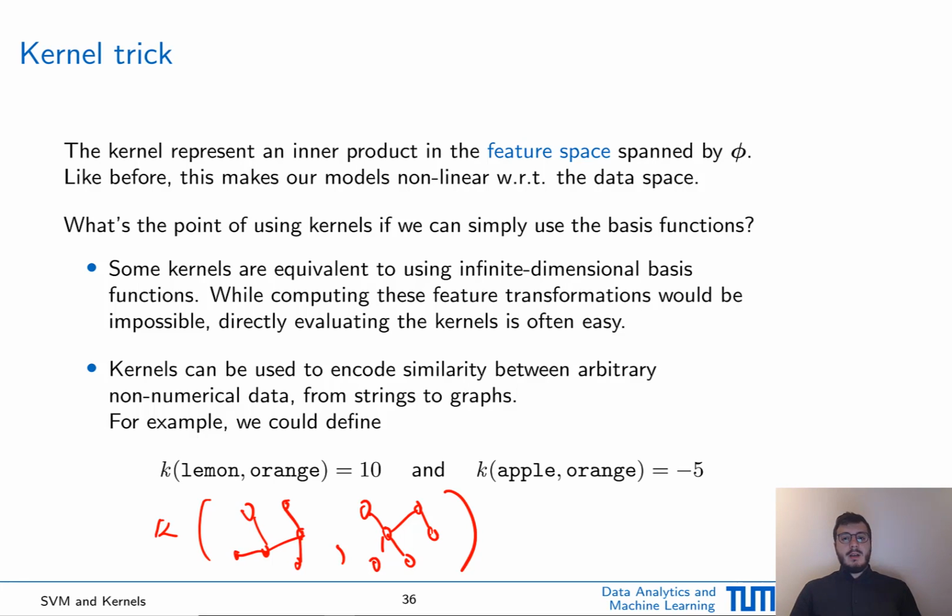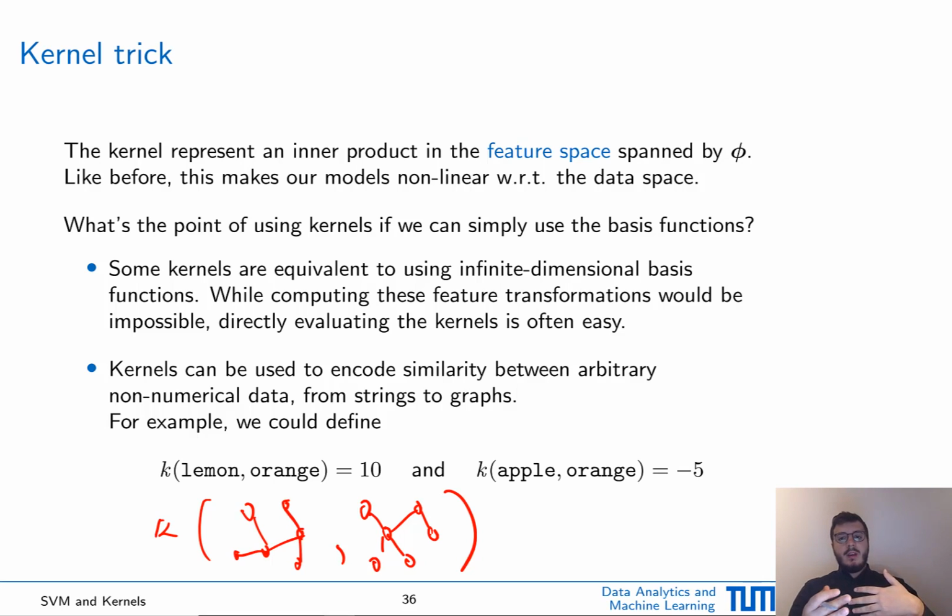And then the other point why kernel functions might be useful is because some kernels, some functions actually correspond to a dot product in an infinite dimensional feature space. So if you write down the corresponding phi of xi transposed phi of xj, the phi will map from a finite dimensional space to an infinite dimensional space.